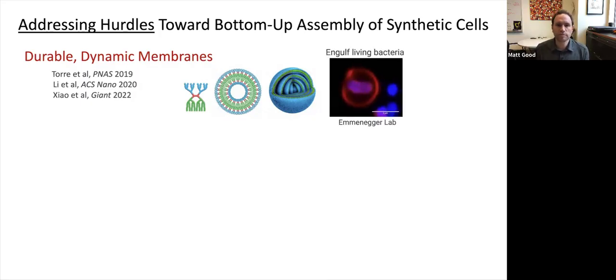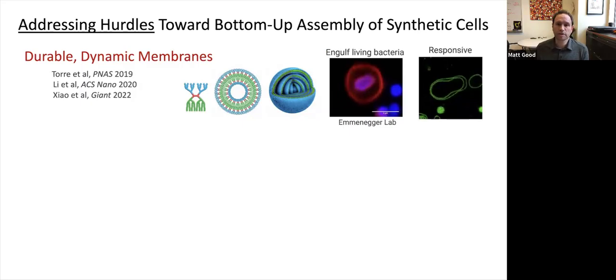I like to show this movie from the Emmenegger lab of vesicle engulfing. This is a dendromersome engulfing a bacteria. And then these need to also be responsive to external cues. For example, we've developed light responsive lipids so that we can get this partial disassembly or fission of vesicles in response to light.